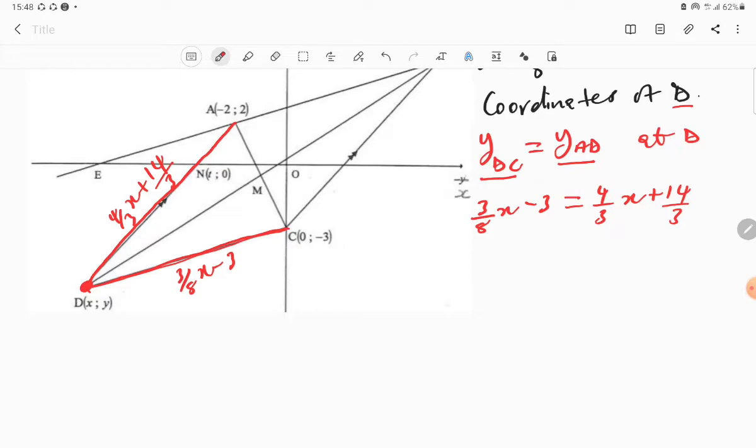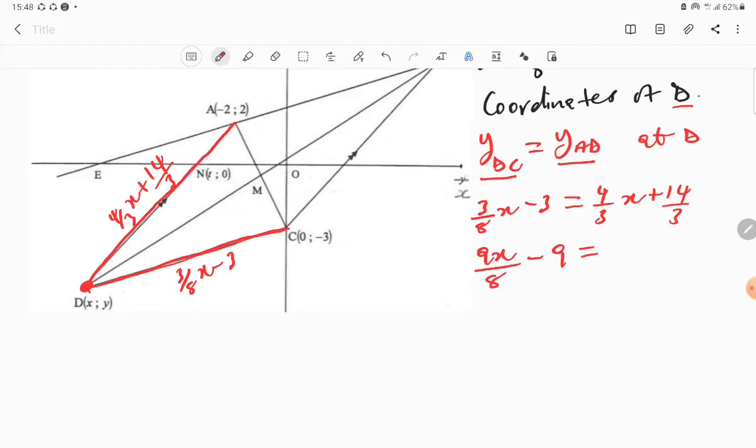So what are we going to be finding out? We will be looking for the values of x. We are looking for x now because we no longer have y, we just have x values. So let's try to simplify this one. Let's multiply by 3 throughout. When you multiply by 3, you will then be having 9x over 8, then minus 9.